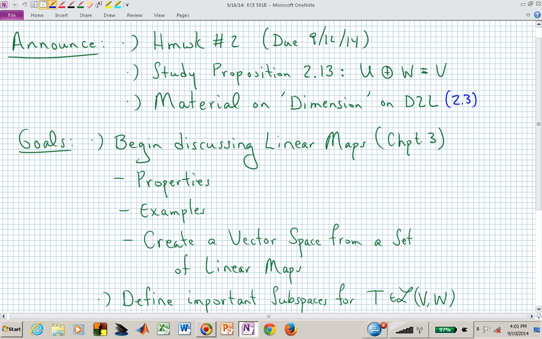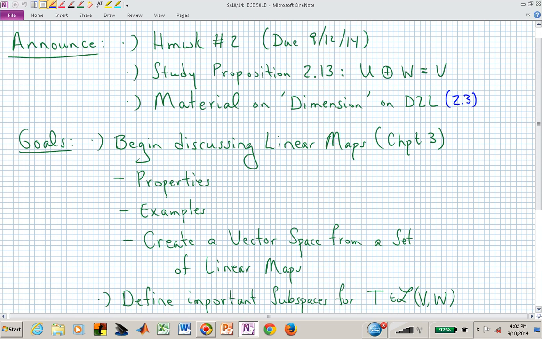And there's another lecture with notes and video, lecture 2.3 on dimension, and that's how you basically count these vectors. Last time we talked about adding things in if we didn't have enough to be a spanning list, and we also talked about throwing things out if we had a spanning list that was not linearly independent.